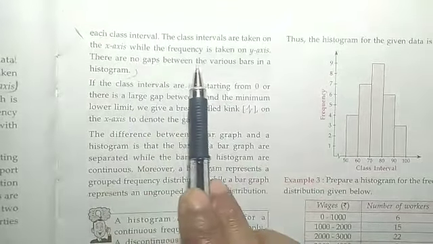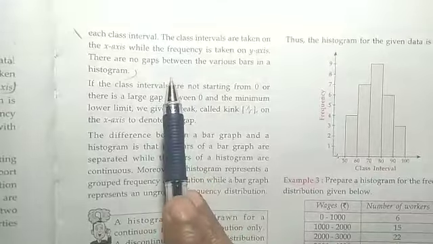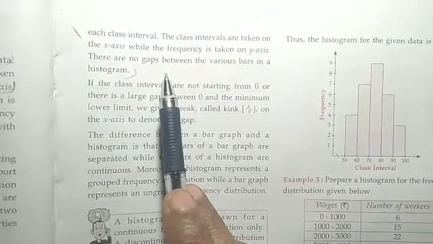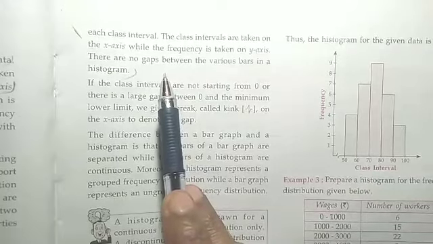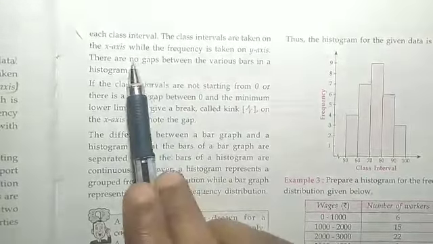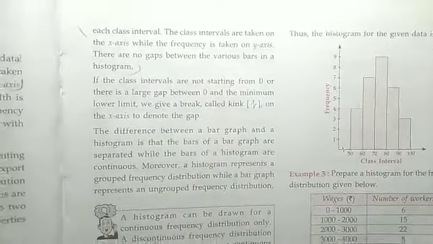There is no gap between the various bars in a histogram. That is the difference between a bar graph and a histogram. In a bar graph there is a gap between two adjacent bars, but there is no gap between the bars in a histogram.